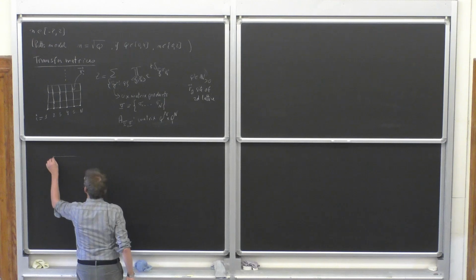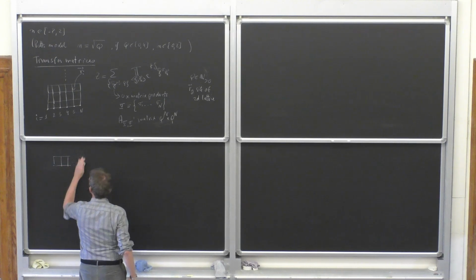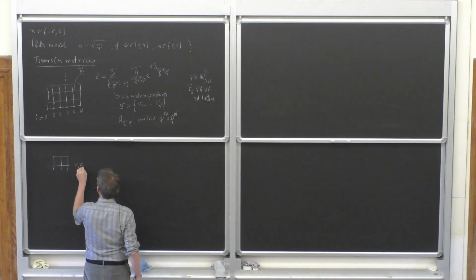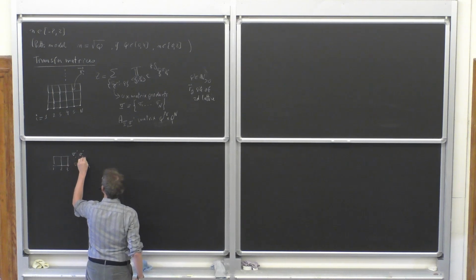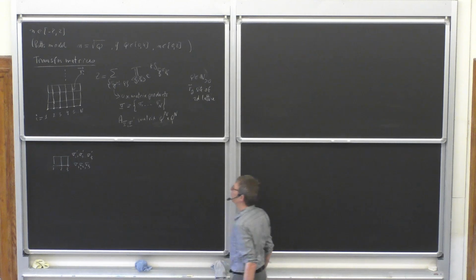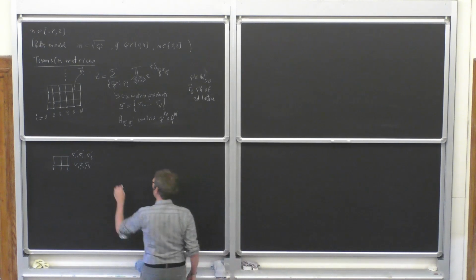between 2 neighboring rows. So let's do an example with 3. 1, 2, 3. I'm going to have here sigma 1, sigma 2, sigma 3. And here sigma prime 1, sigma prime 2, sigma prime 3. And I imagine I have some matrix, therefore, that is q to the cube times q to the cube.